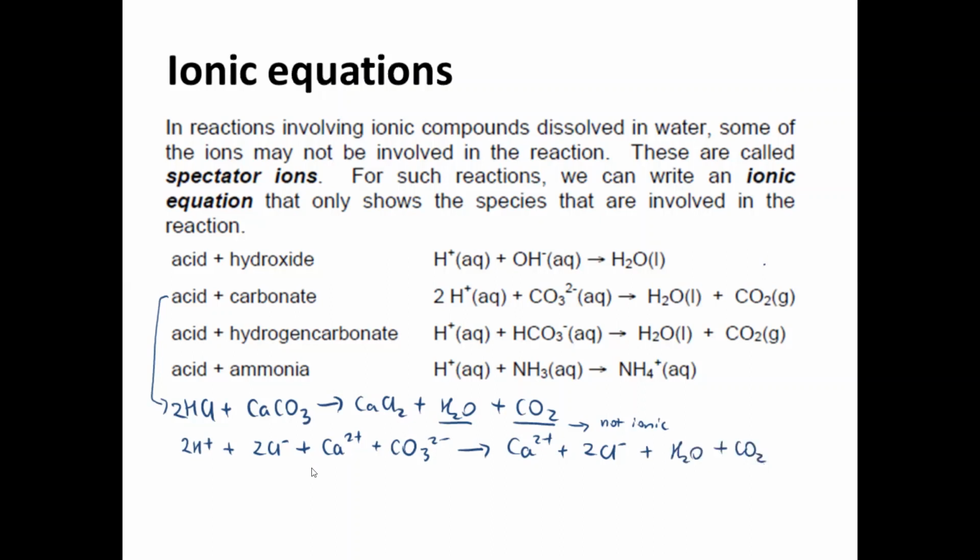Then you can see that calcium is on both sides, 2Cl minus is on both sides, and what you end up with is the equation that they show you here. You could do the same thing for hydrogen carbonate, and for acid with ammonia, you get the same kind of situation.